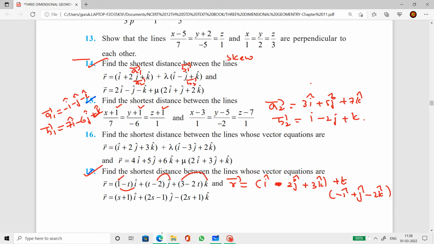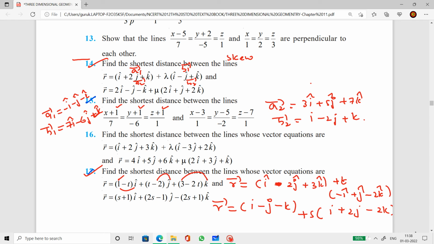So like that you can separate for the next one also. R vector equals the one without s and with s. So let's group the ones which do not have s. So i minus j minus k plus s times of i plus 2j minus 2k.